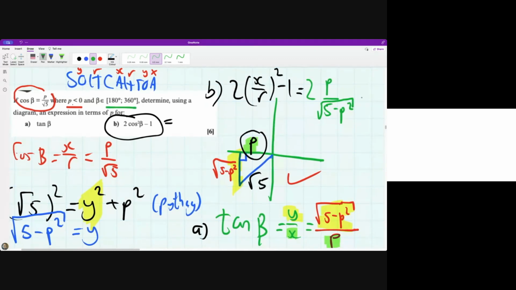And then I've got a minus 1 down here. Now the last bit is I need to square this whole thing. So I get 2p squared over 5 minus p squared, minus 1.